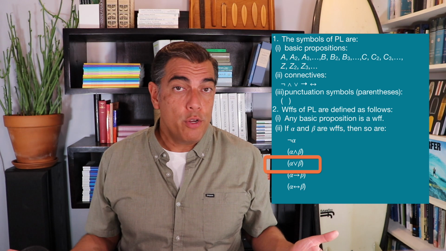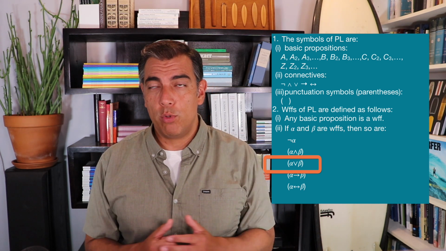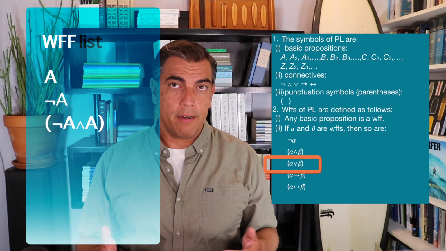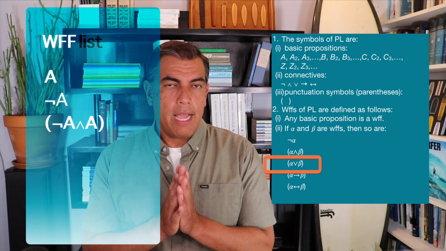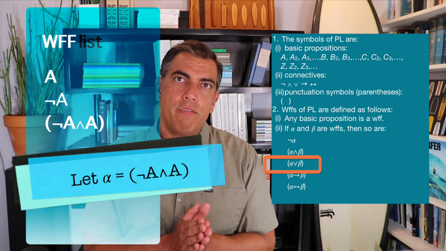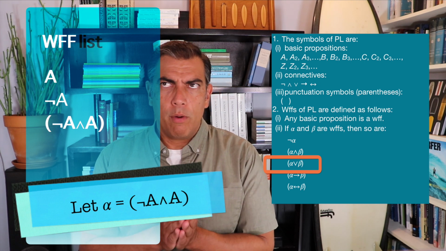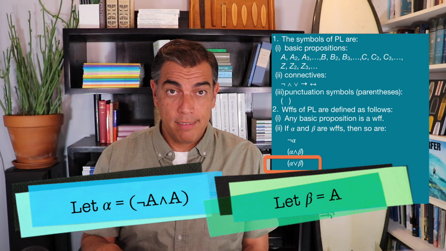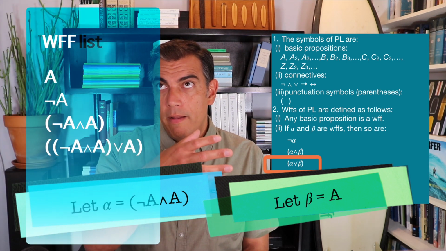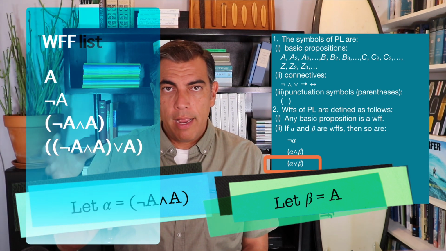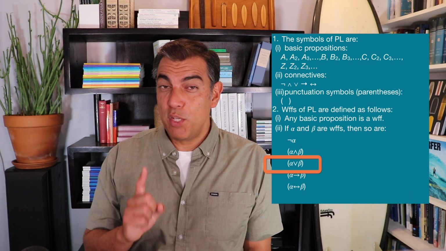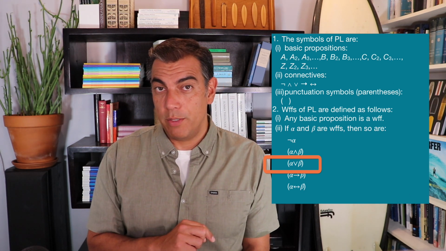What about that next rule, alpha or beta? Again, I can form a new well-formed formula using that rule. I've got 3 new well-formed formulas that I could plug in here. What I could do is let alpha stand for not A, and let beta stand for A. And that would make it not A and A, or A. But for the sake of edification, for the sake of our learning, here's something else you could do here.